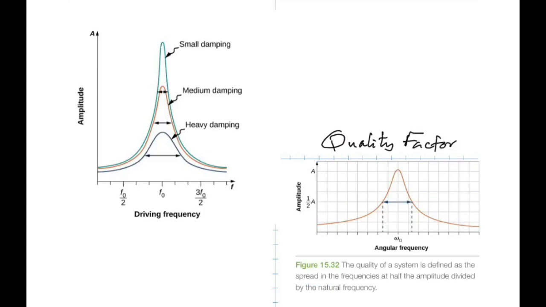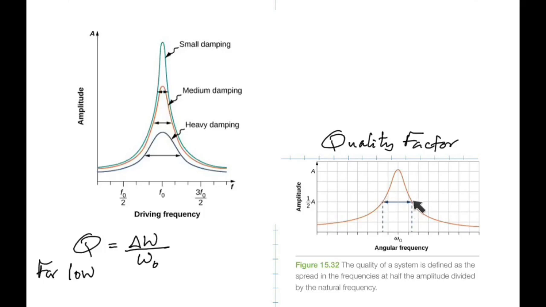The quality factor is defined. Look at that graph and look at this. This is the maximum amplitude, isn't it? That is half the maximum amplitude. You can see half A. And this is called the bandwidth, the width of the band. So you take the angular frequency difference between the two. Look, here isn't the amplitude half?